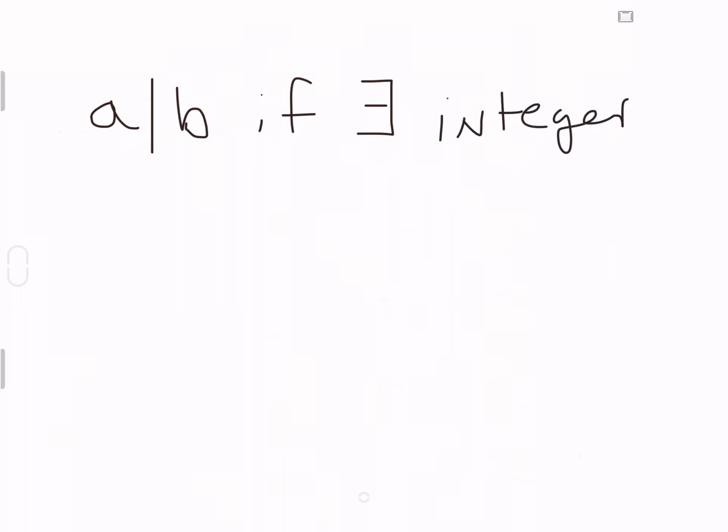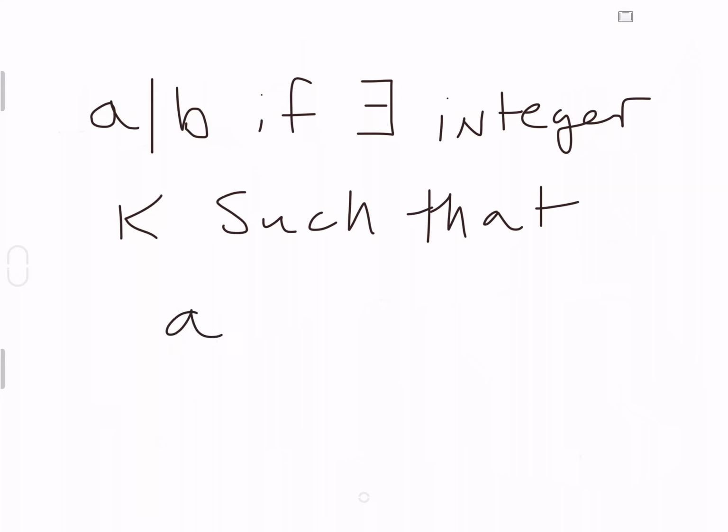We say that an integer a divides b if there exists, and I'll use this symbol because I'm lazy, if there exists an integer k such that a k equals b.